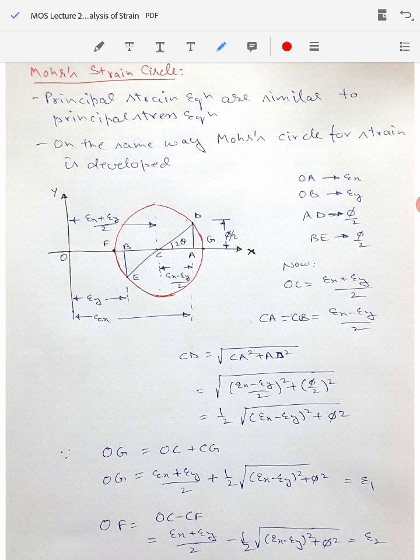So you locate C, and then you draw the perpendiculars at points A and B, which will be equal to phi by 2 distance. So you cut the values AD and BE from there.